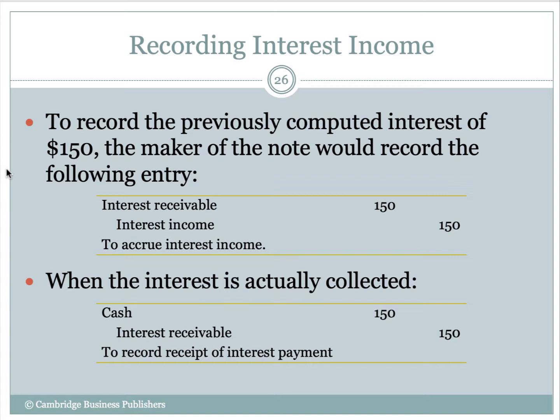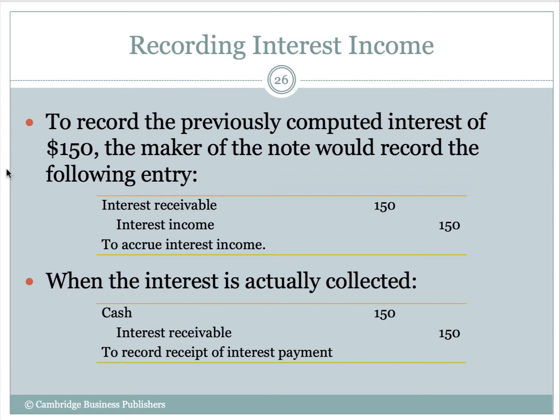So let's see how we record this. Super simple. We sold somebody merchandise on account for 10 grand. They need 3 months to pay us. We say no problem, sign a promissory note, we're going to charge you interest. They're fine with it. We already calculated the interest, so we need to record that interest of $150. We are the maker of the note, meaning we issued the note.